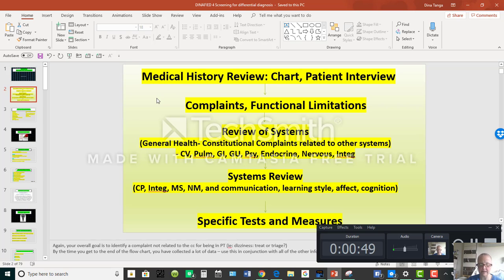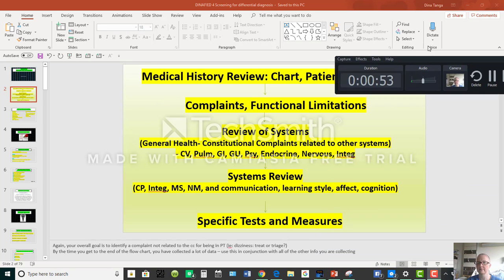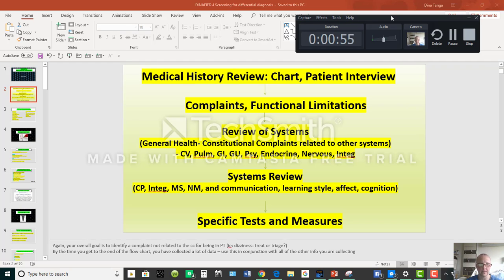By the time you get to the end of the flow chart, you have collected a lot of data. You use this in conjunction with all of the other info you are collecting.